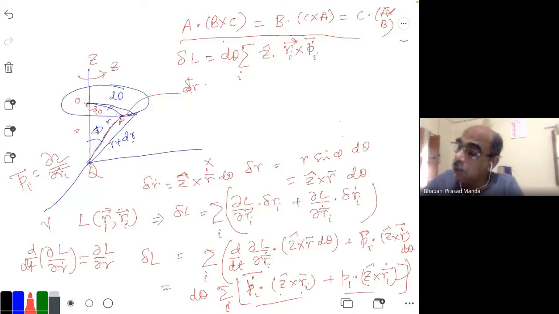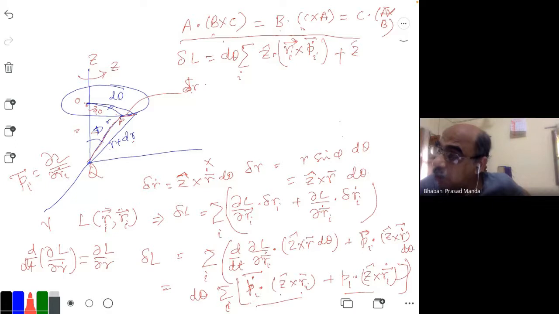So I am using just this equal to this. So b is now my z unit vector z. And then r dot r cross. Similarly, if I apply the second term, again z as b, then dot, then ri dot cross pi.